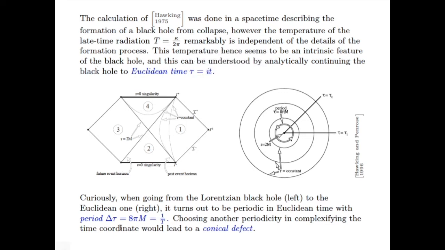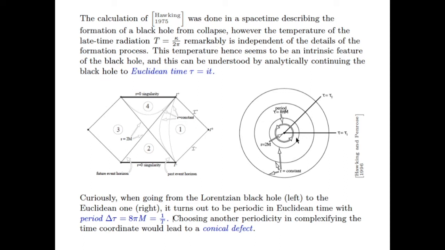And so it turns out this thing gets a circular shape, where the Euclidean time tau has to be identified with a period of exactly 8 pi M, which, as you remember, is 1 over T. So the periodicity in Euclidean time is related to 1 over the temperature.